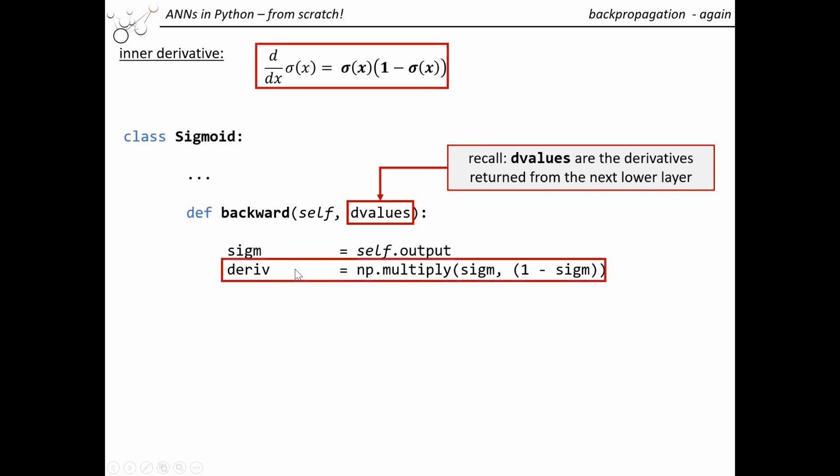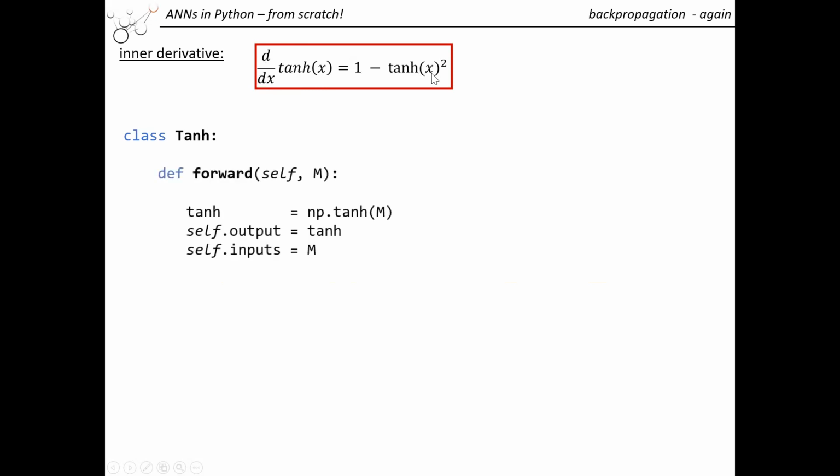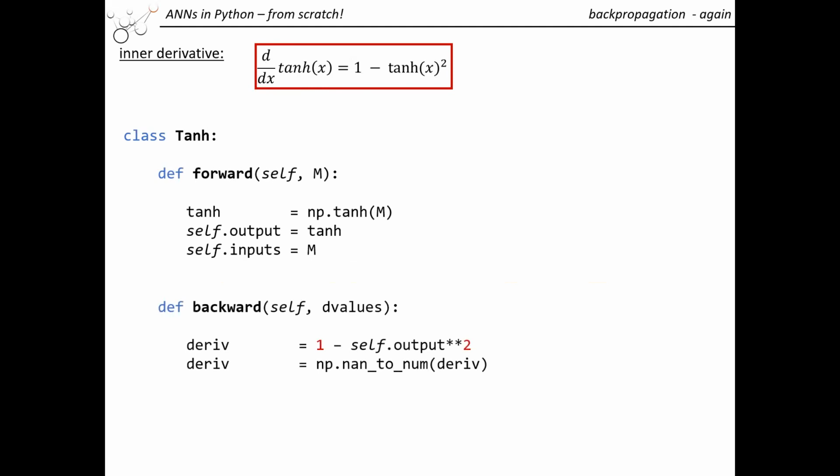Then we multiply the derivative with the d-values. And that's it. And for tangents hyperbolicus, it's the same idea. If you look up the definition of the tangents hyperbolicus to form the derivative, you will see you end up with a similar structure. Then you have the forward part, and then add the backward part in the same way.